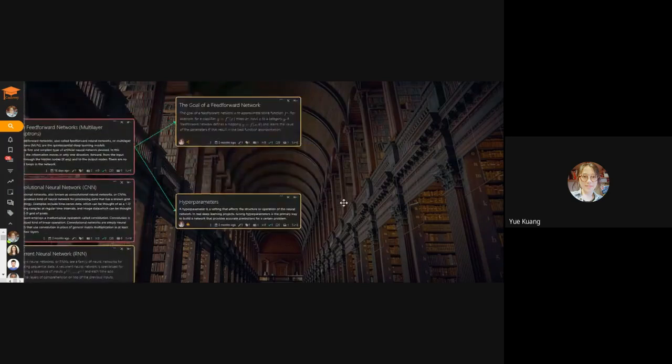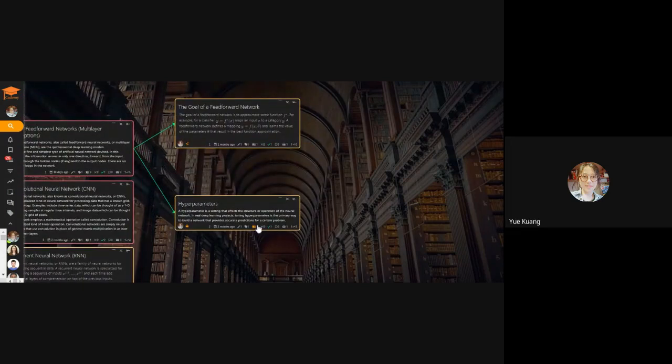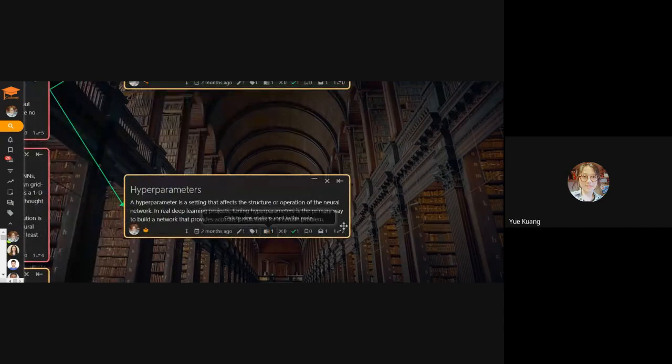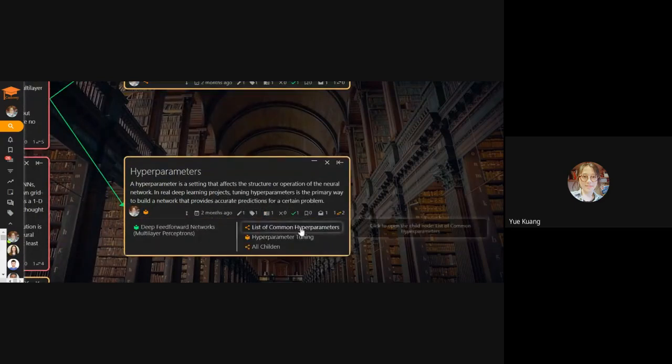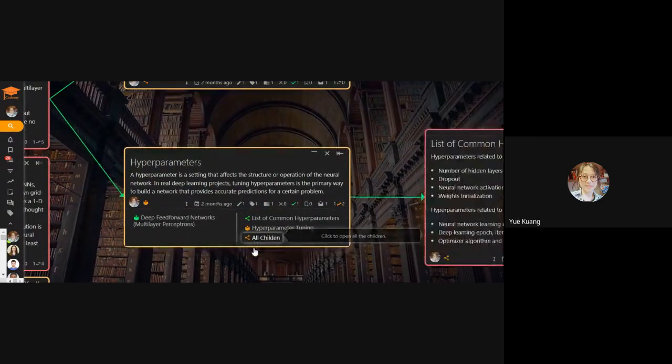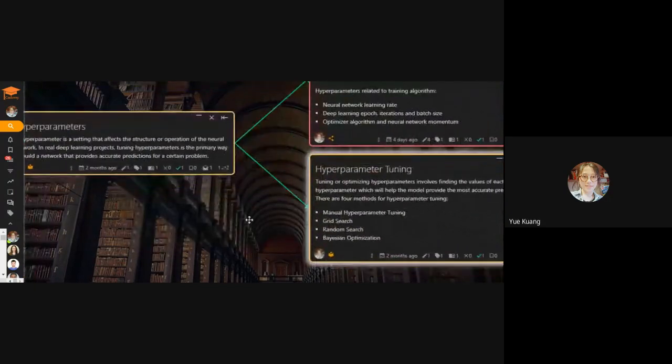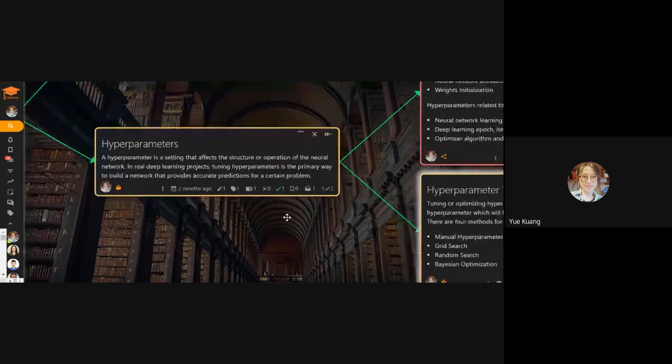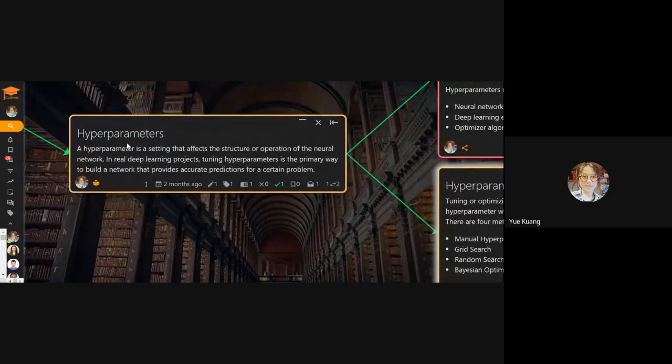So next, I will introduce the hyperparameters. A hyperparameter is a setting that affects the structure or operation of the neural network. In real deep learning projects, tuning hyperparameters is the primary way to build a network that provides accurate predictions for a certain problem.